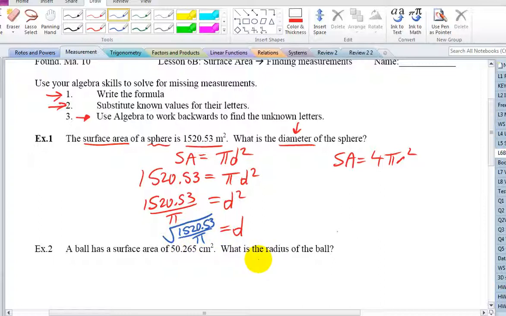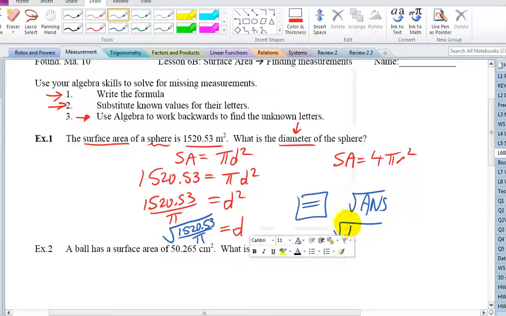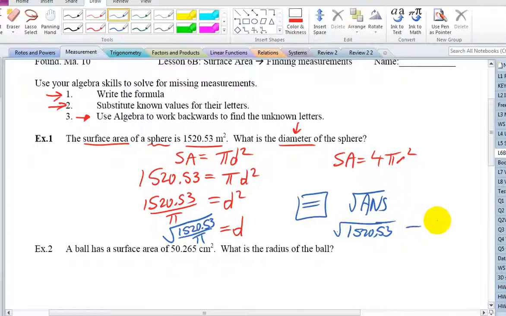Now stop. Don't touch your calculator yet. Make sure you press the equals button. And what I would do is go square root answer. You don't want to do square root of 1520.53 divided by pi.